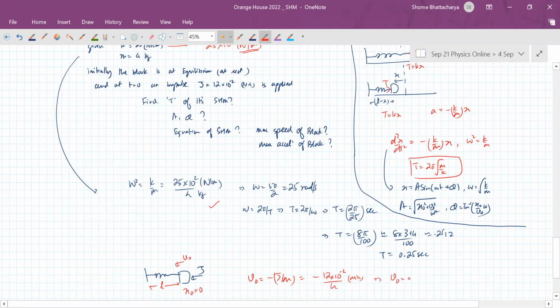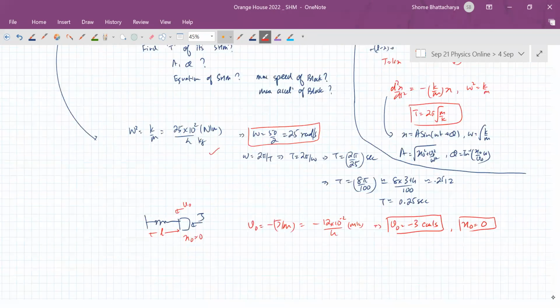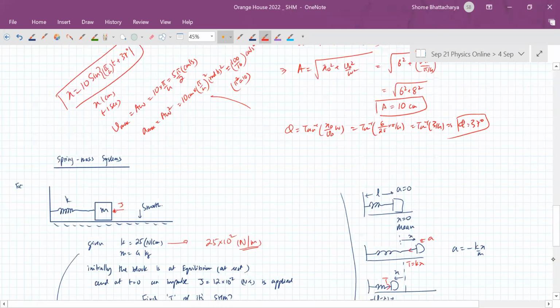So initial velocity is minus 3 centimeters per second. The minus sign is only for the direction. The important thing is this. Whereas our omega was 25 radians per second. Because it's starting from the mean position. It's given to you that it starts from equilibrium. The block was initially at equilibrium.